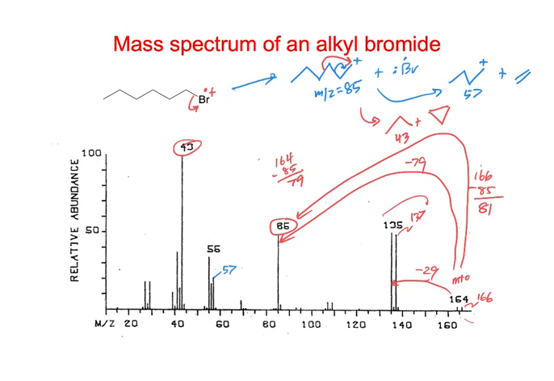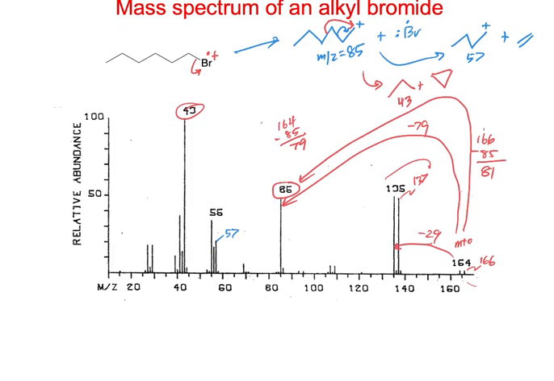We can get some kind of cyclization. I'm going to draw this like this, and we're going to make the radical cation here.